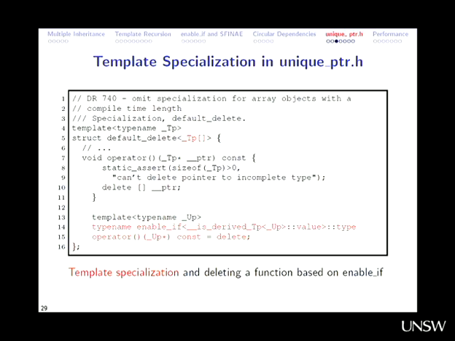So what we've got so far in unique_ptr.h is a struct, or a functor, called default_delete. We then have a specialization of this thing called default_delete. When we talked about smart pointers, I took some slides out about how you do a deleter, because it's kind of a bit dumb.